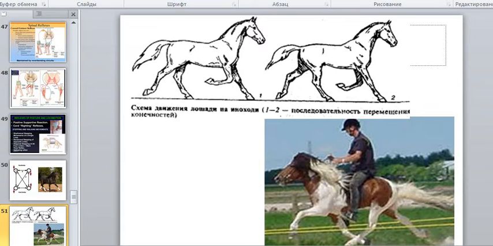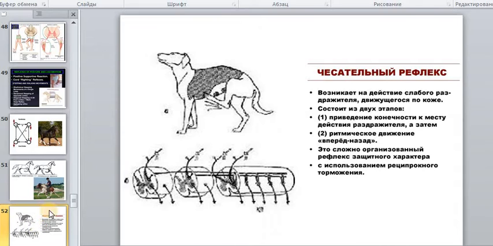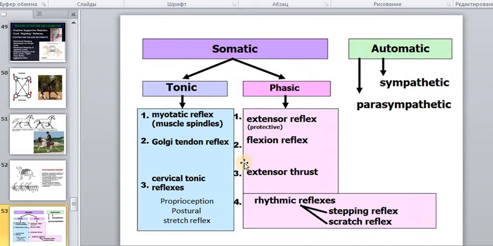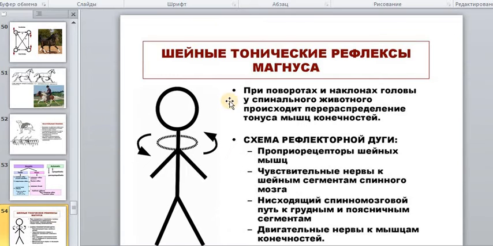In other species of animals, such as camels or bears, this is a standard gait, and all animals move in a very complex way because of reflexes with four limbs, not only two like humans. So next, reflexes. You see this kind of reflexes, movement.